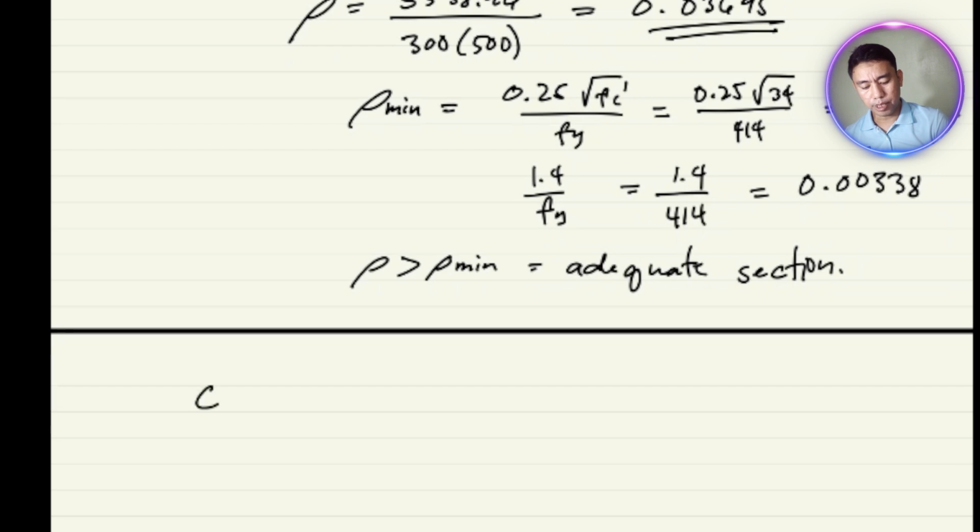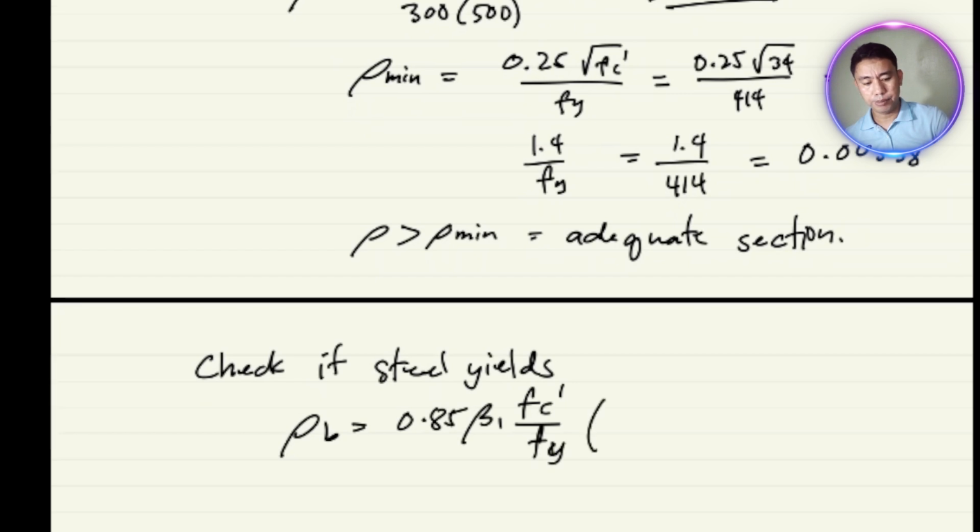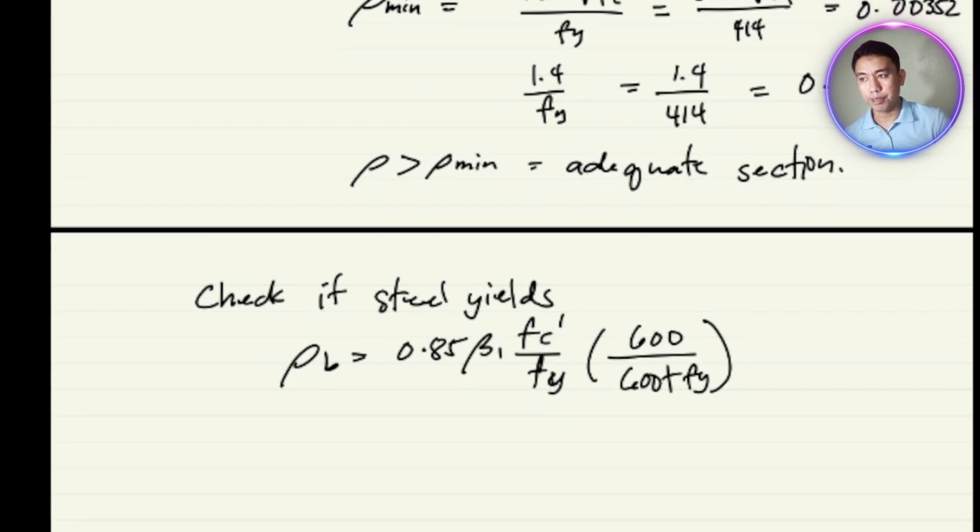So first step actually is check if steel yields. Okay, so we have rho balance. Ano yun? Ang basehan natin kung mag-yield ang steel sa rho balance. 0.85 beta 1 FC prime over Fy times 600 over 600 plus Fy.